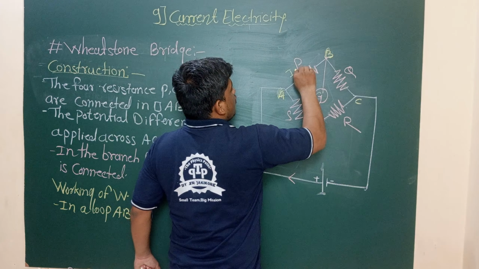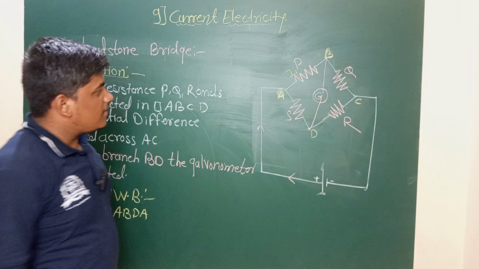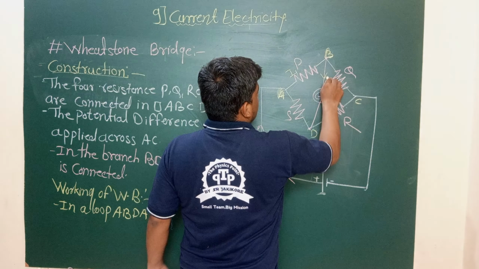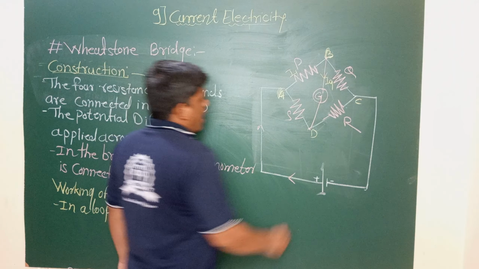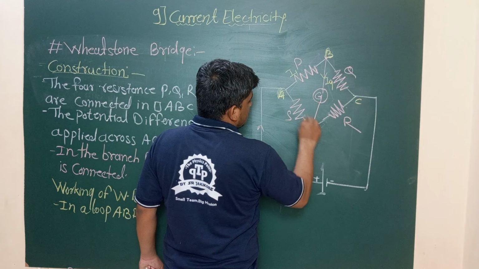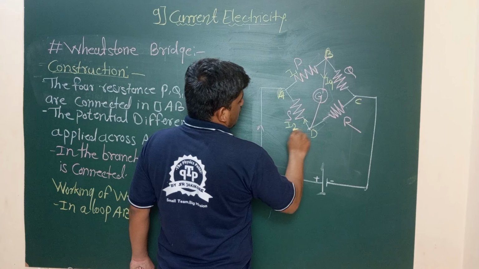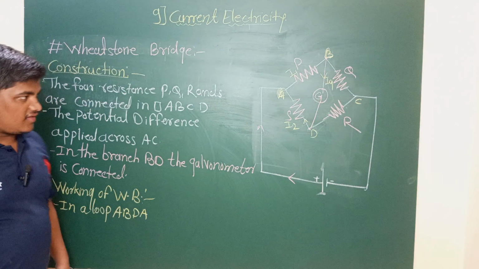I1 amount of current flows through the resistance P, Ig amount of current flows through the galvanometer, and I2 amount of current flows through the resistance S.